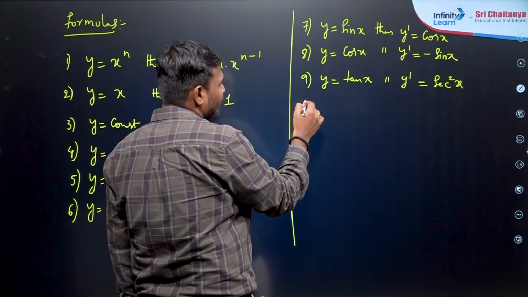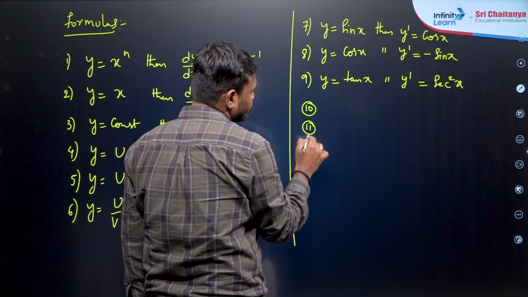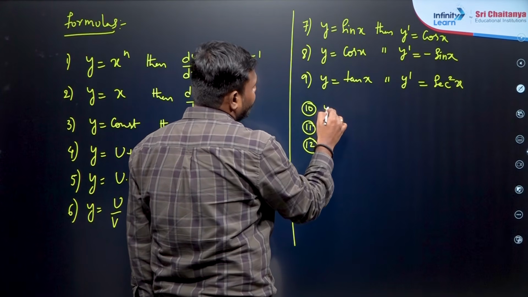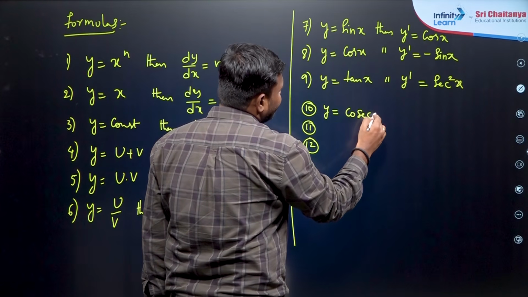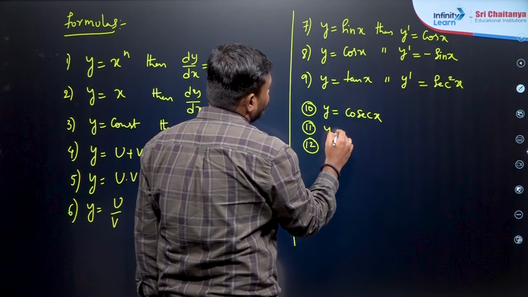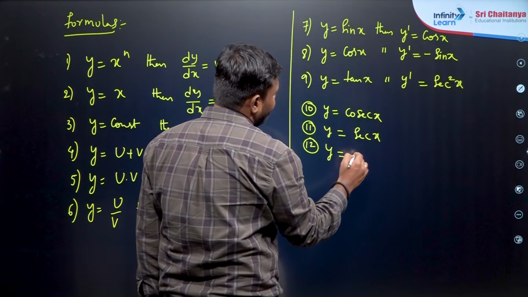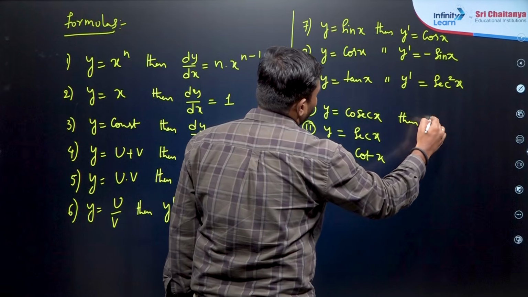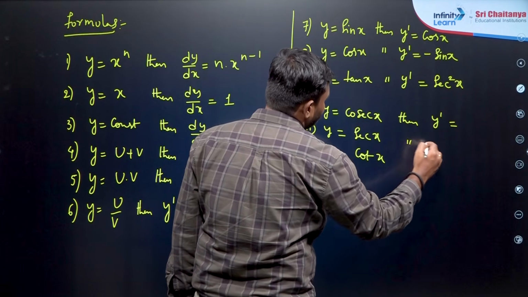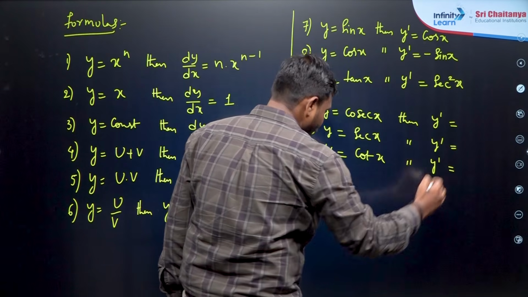I'll give you homework, sir. You have to solve y is equal to cosecant x, secant x, cot x. Now this is your homework, sir. You have to find the derivatives of these.